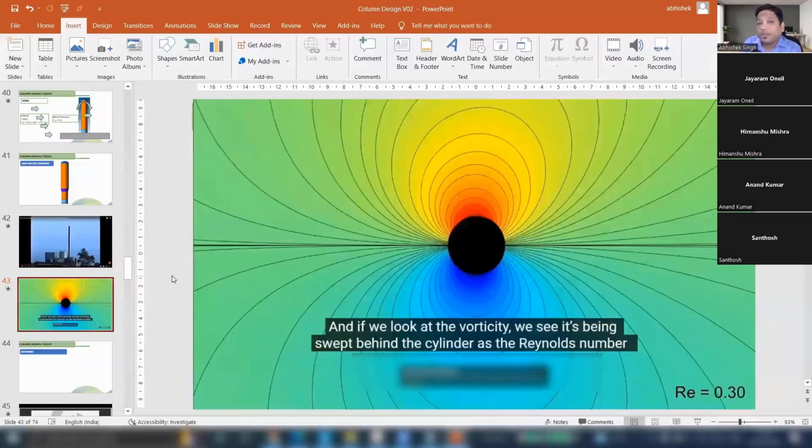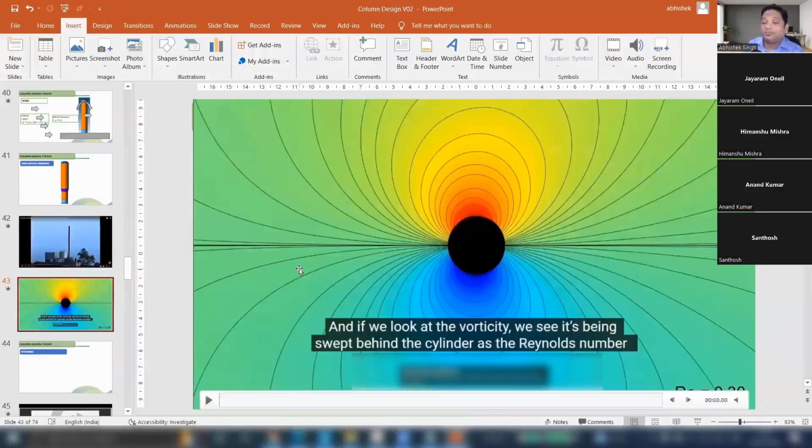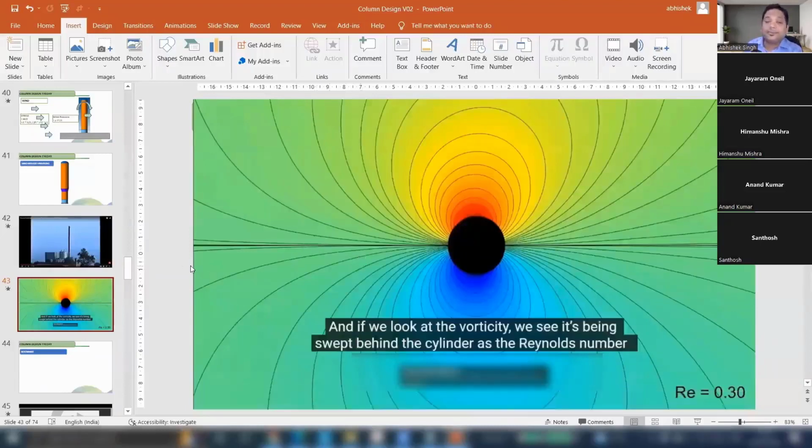Why is that maximum at 40 km per hour? Because at that time the Reynold number is approximately in the 60 to 150 zone, and that is where the vortices and eddy currents get created.